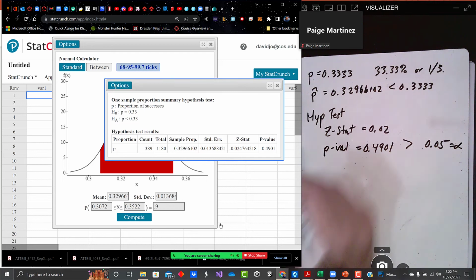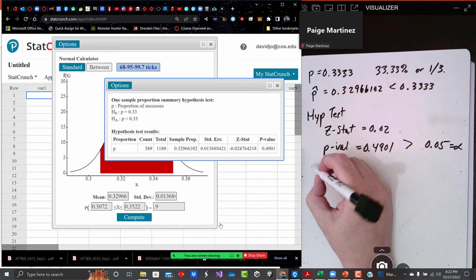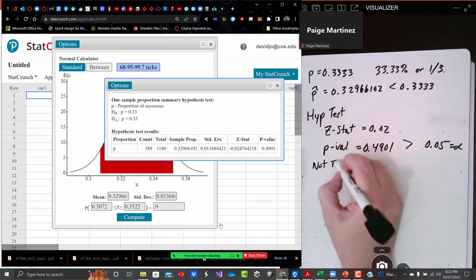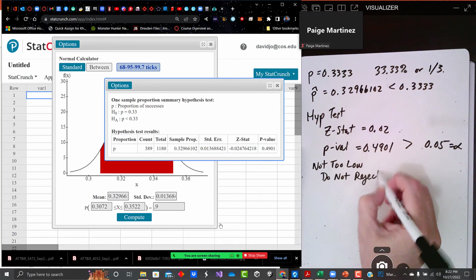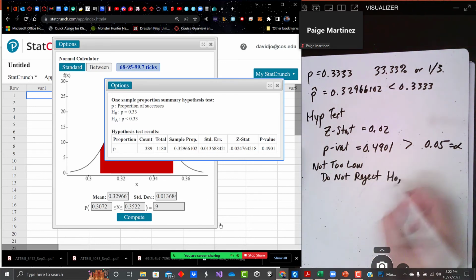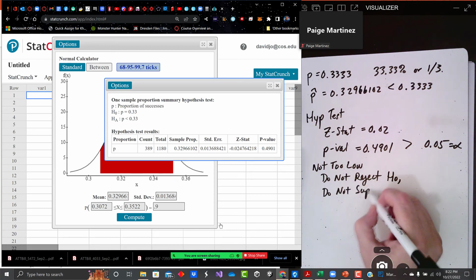So in this case, p-value is not too low. We do not reject H0. We do not reject HA or support HA.